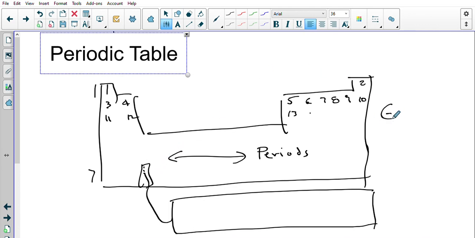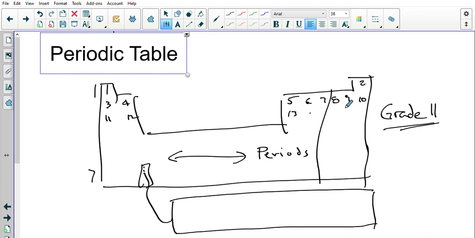In grade 11 chemistry, we learn more about what we call the electron configuration and the impact that has on the shape of our periodic table. There's a lot of information in here. And so we've got the periods going across.